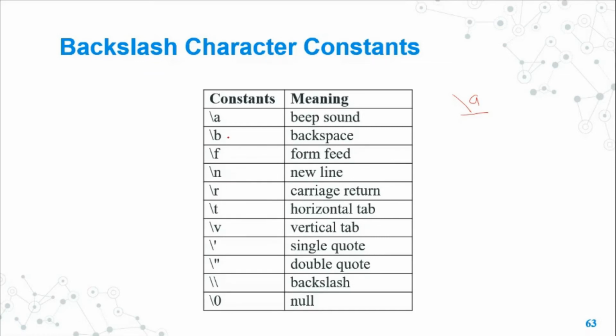Then slash b is a backspace, that is the last character that is inserted within the sequence will be deleted. Then slash f is form feed. Most of these terms are based on the earlier mechanical typewriters, which you might have seen in pictures, even if you might not have seen them in reality.